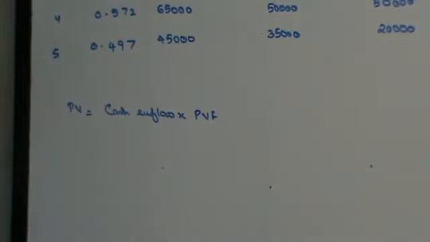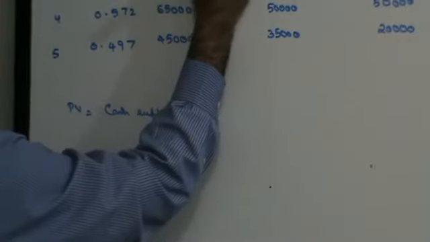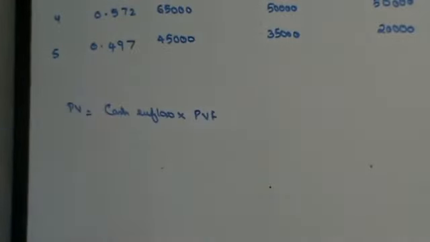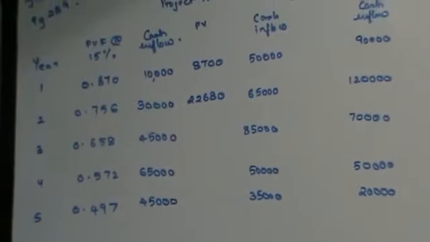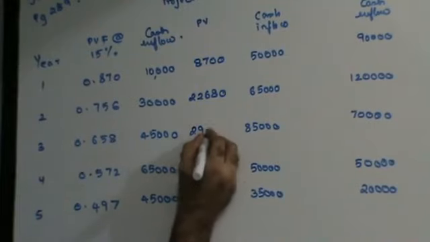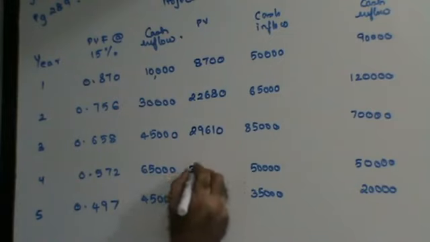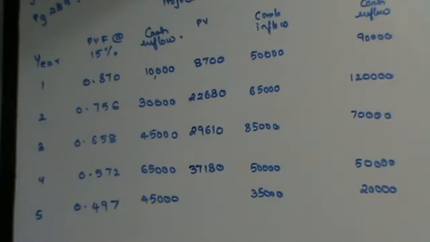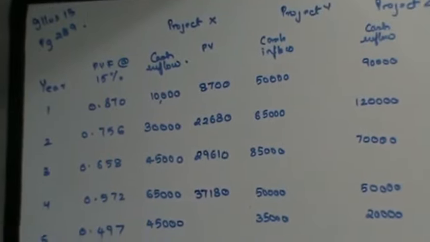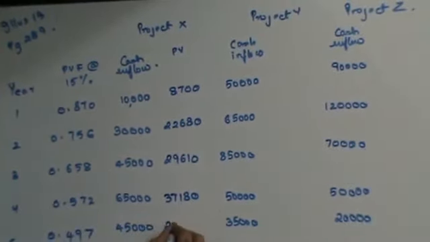The second one will be 30,000 into 0.756, which is 22,680. Next is 45,000 into 0.658, which will be 29,610. Similarly, you will have 0.572 into 65,000, that is 37,180. And finally 45,000 into 0.497, which is going to be nothing but 22,365.